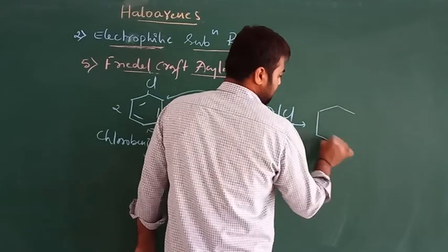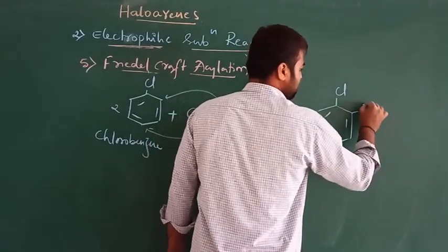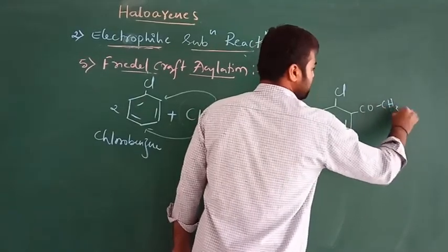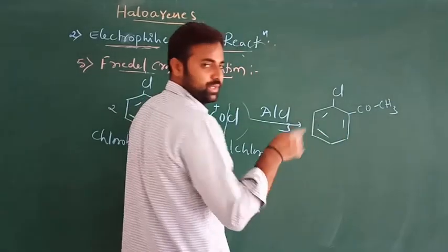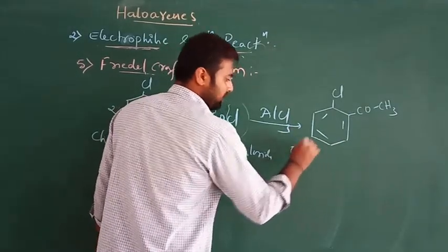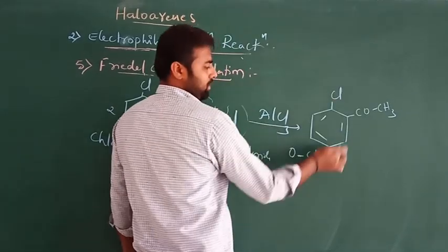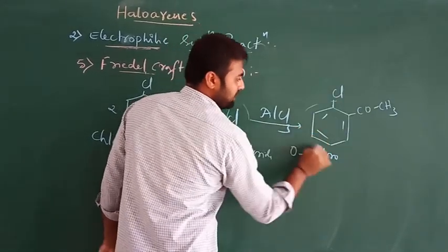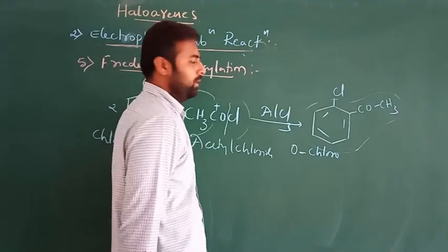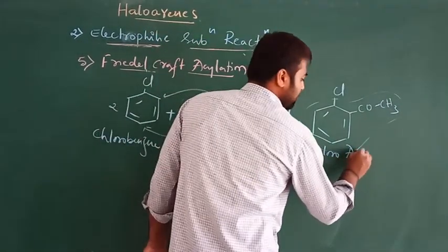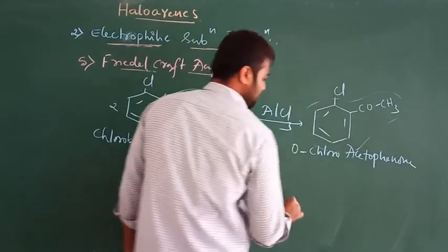One of the products is ClCOCH3. In the name of this compound, 1,2 positions represent ortho, and the parent name is acetophenone, so it is ortho-chloroacetophenone.